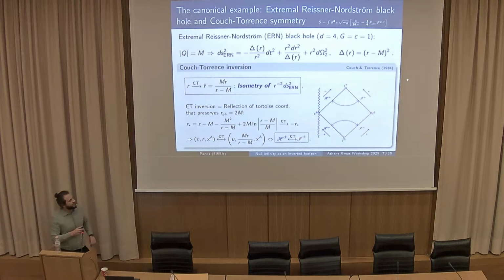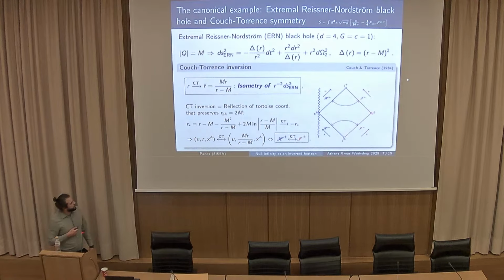The prototypical counterexample to this situation is the extremal Reissner-Nordström black hole in four space-time dimensions. Here, the geometry of this extremal Reissner-Nordström black hole is an electrovacuum solution whose horizon is extremal. It's a perfect square. This is a discriminant function, and as was discovered really by Couch and Torrence in the 80s, this geometry has a conformal isometry, which is precisely in the form of discrete spatial inversions.